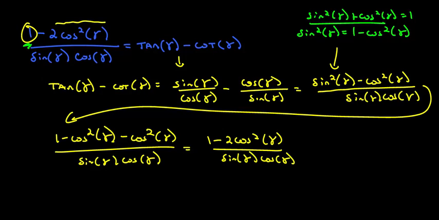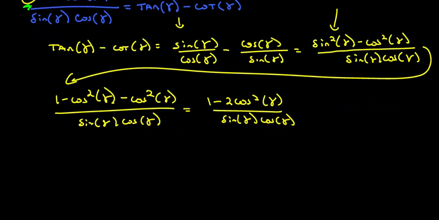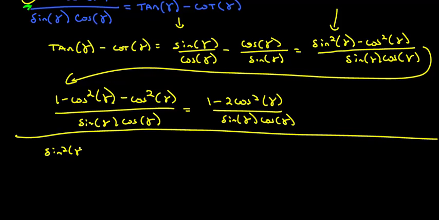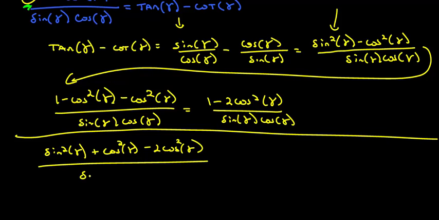And so I should have started with sine squared gamma. So this is a separate thought. So sine squared gamma plus cosine squared gamma minus 2 cosine squared gamma over that sine gamma, cosine gamma.